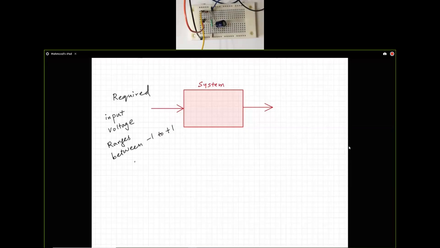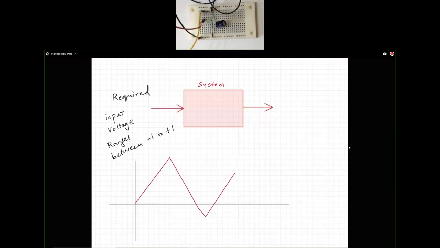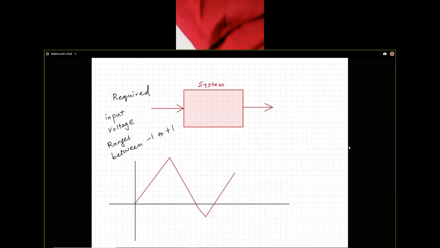I know that there is a lag, so this will appear in a few seconds. There we go. So this is time here, and this is voltage. Okay, so I'm going to cut the middleman out.